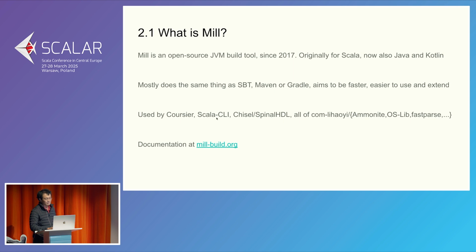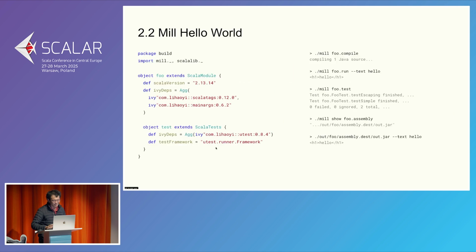Scala CLI itself. A lot of the Scala hardware design space is on Mill for some reason, so Chisel, SpinalHDL, and of course all of my projects, Ammonite, OS-Lib, FastParse, all on Mill for many years. I've not touched SBT since 2016 or so, and it's been great, I can tell you that. So the documentation's here, and let's move on.